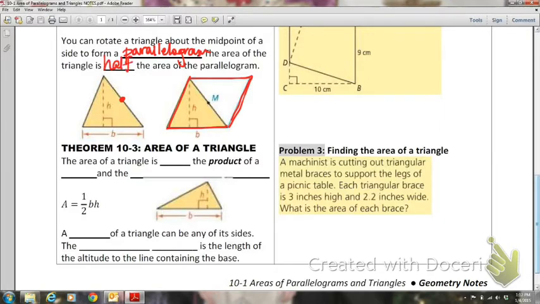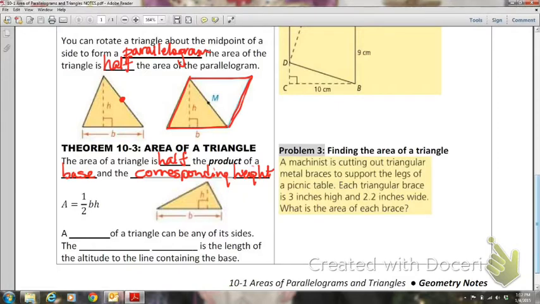So if the triangle is half of the parallelogram and the area of the parallelogram is base times height, then that means that the area of a triangle is going to be half the product of the base and the corresponding height. And the corresponding height means from the base that you've selected.